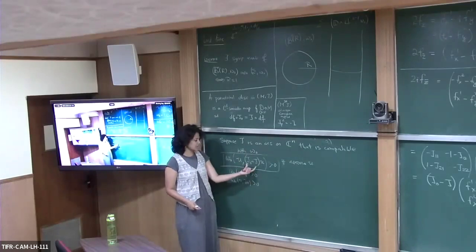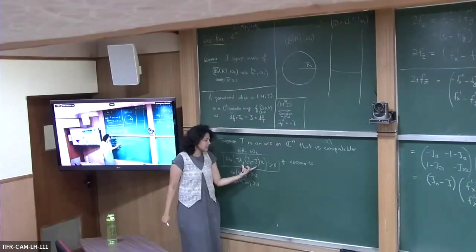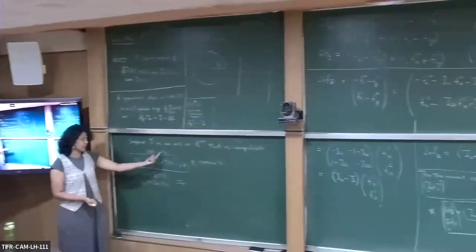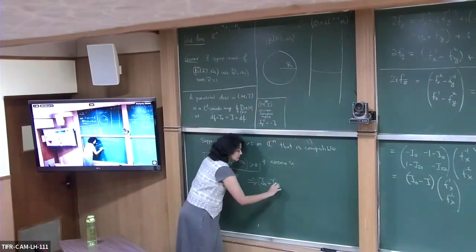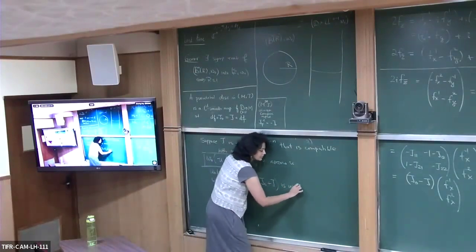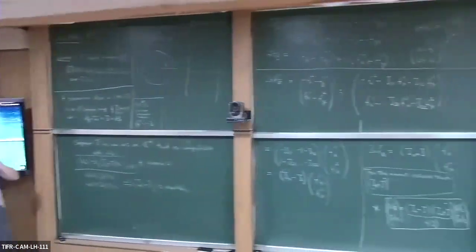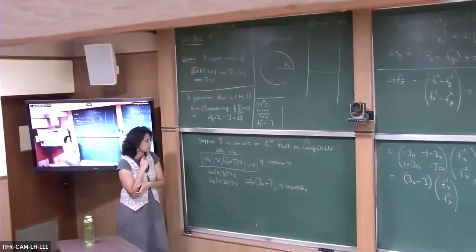Because if there was something non-trivial in the kernel, this wouldn't hold. So that tells me that if J is compatible with omega naught, then J naught plus J is invertible. I'm really working at the level of matrices right now, so just forget the bundle structure. It's all on C^n, and so that's what I'm doing.